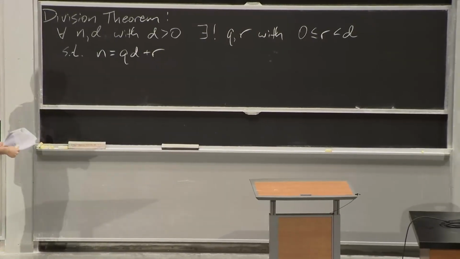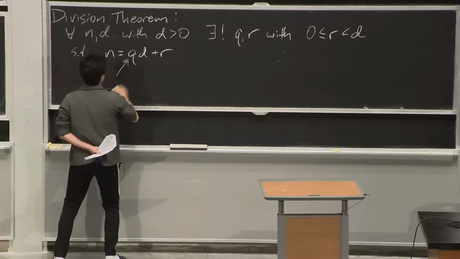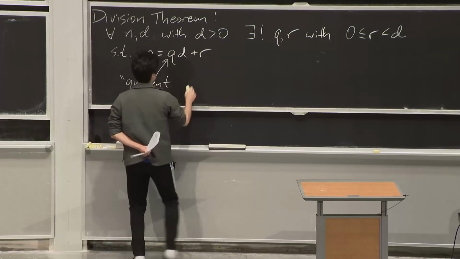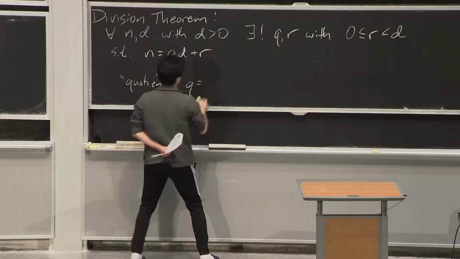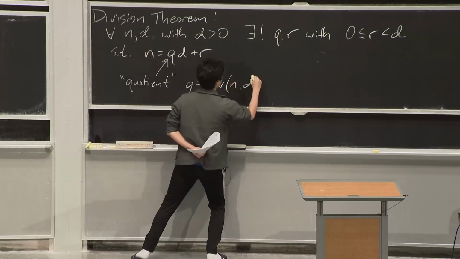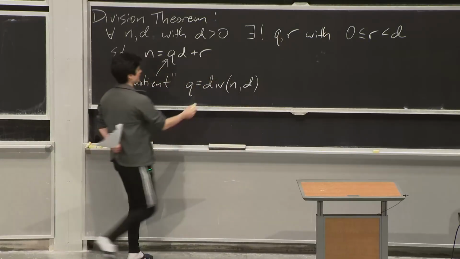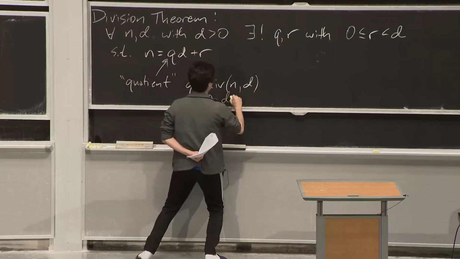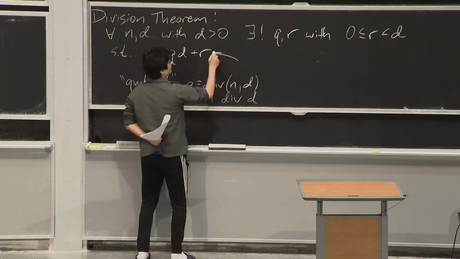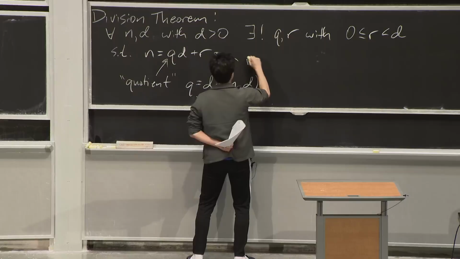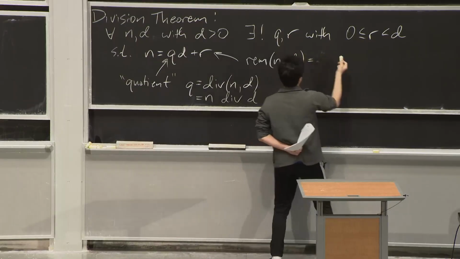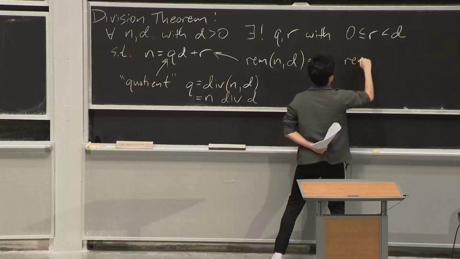Okay? And we say that q here is the quotient. And we sometimes denote this as div n comma d. Or sometimes we might write this in infix notation, n div d. Okay? And r is the remainder. So this is going to be rem n comma d. Or sometimes we also write this as n rem d.